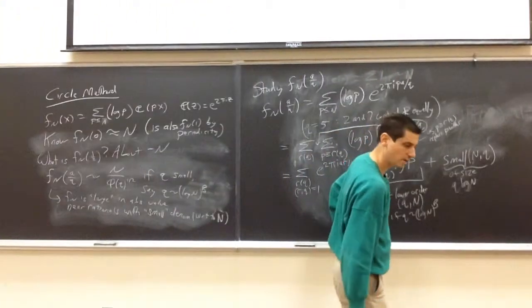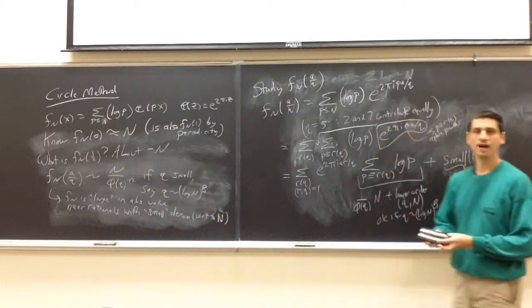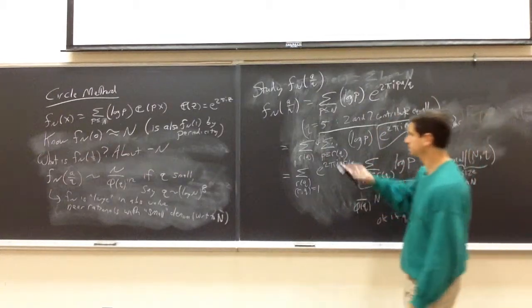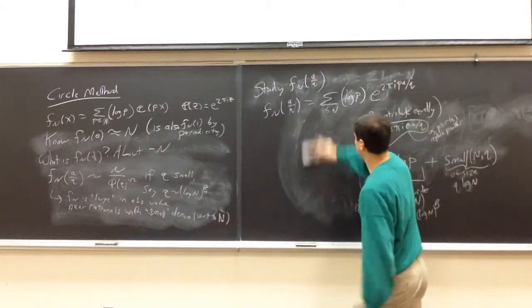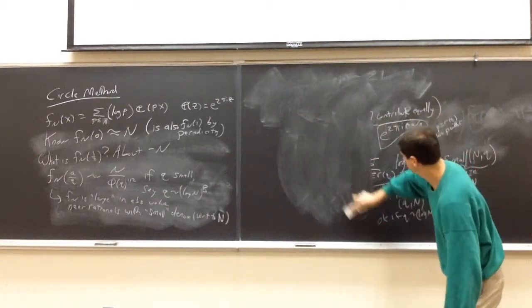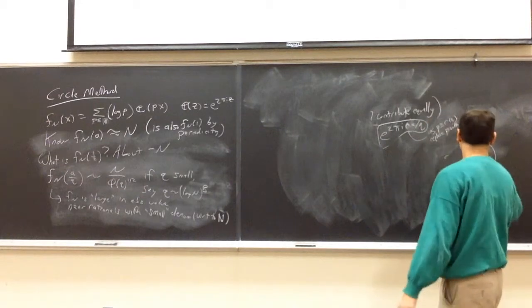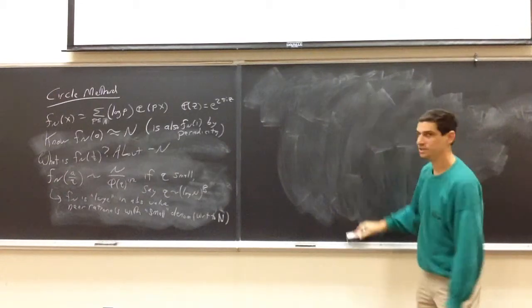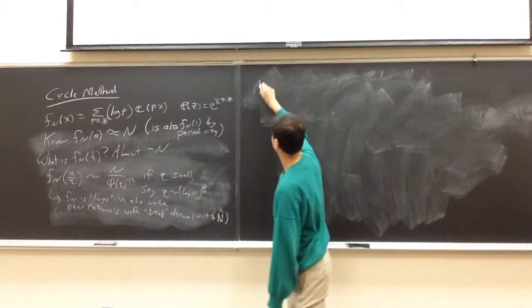So what I want to do now is give you a sense of how big this function is in other places. So what we want to do now is look at what's going on near a generic point. Well, how can we get an idea of what's going on near a generic point? Let's look at the average value.